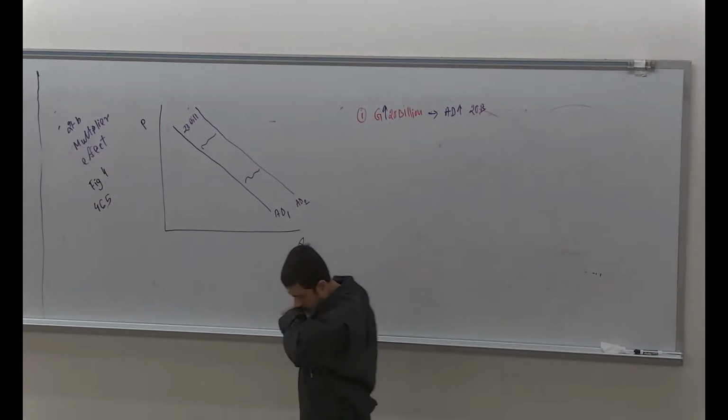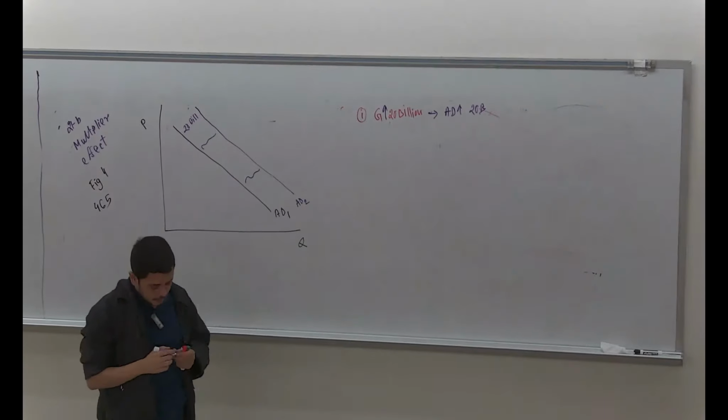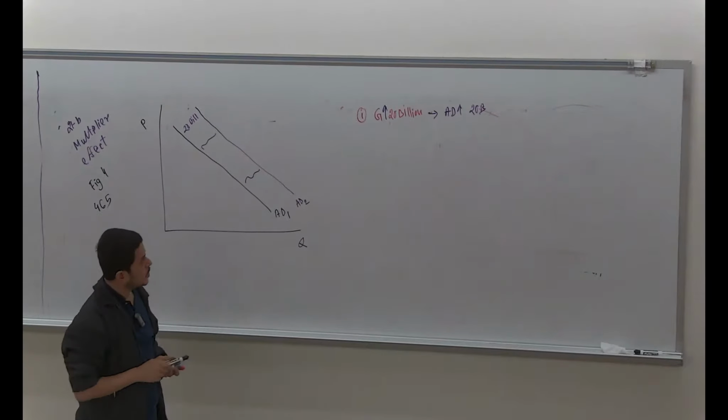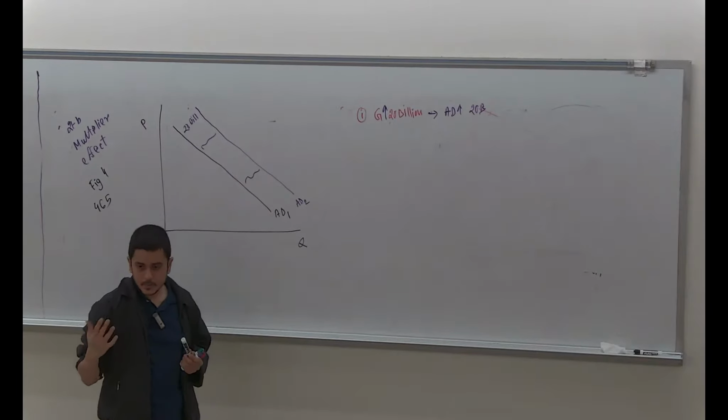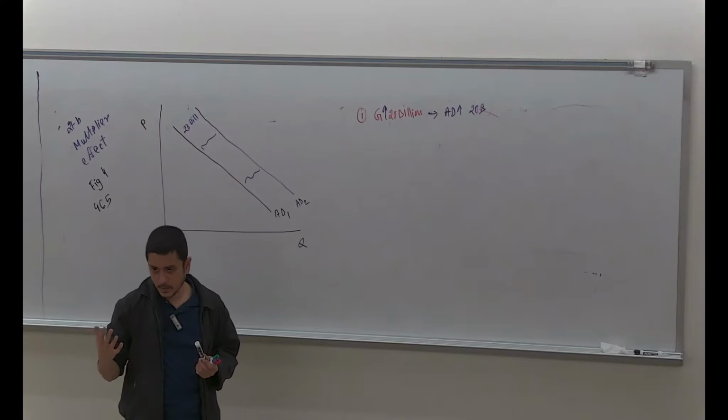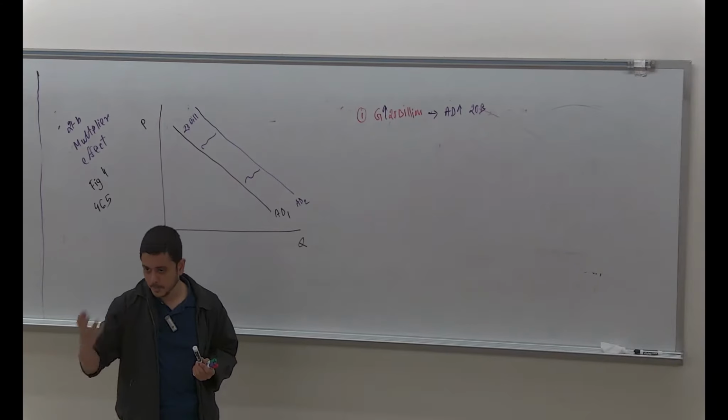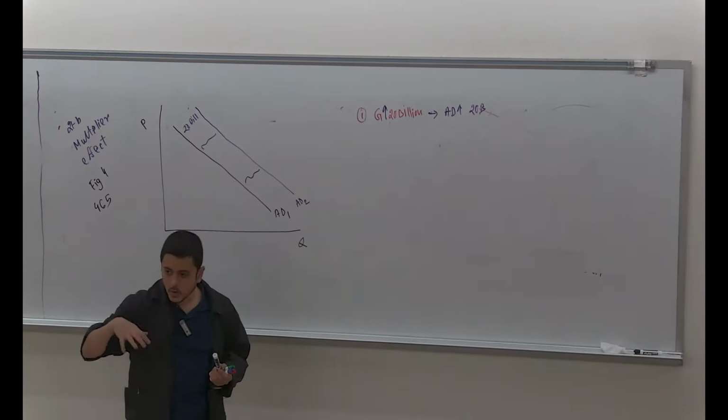This is clear. Now, how is the multiplier affecting? Look carefully. When the government spends $20 billion, let's say government buying a plane, government buying computers, actually this money goes back to firms.